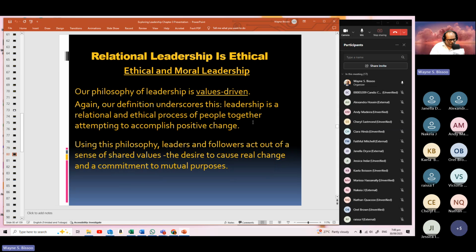That is something that is critical. And the relational leadership model is values driven, because remember we said that from the very definition, leadership is the relationship between the individuals, leaders and followers, working together in an ethical manner to achieve a common or positive purpose or positive change.